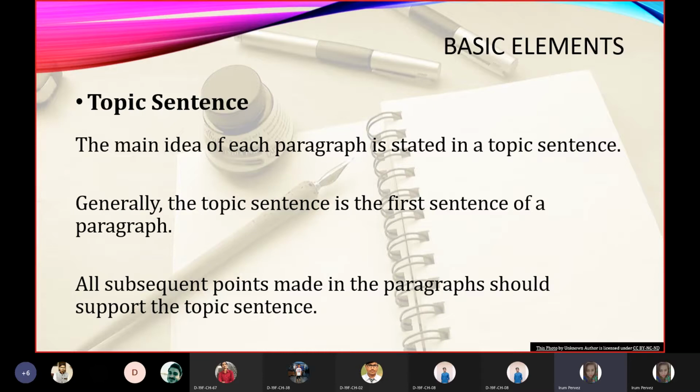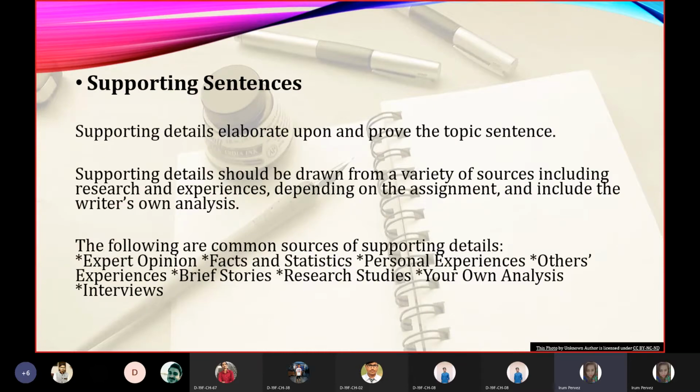All right, after the topic sentence, we have the supporting sentences. Supporting details elaborate upon and prove the topic sentence. As I've already discussed, if a standard paragraph has five sentences, the first one has to be the topic sentence, and the next three have to be supporting sentences.